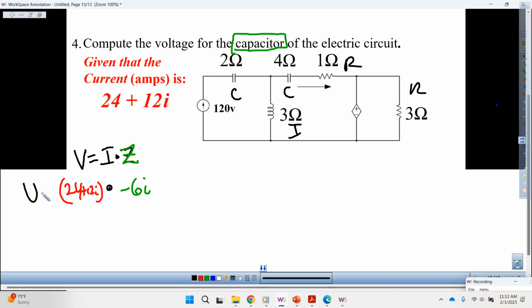And that's going to give us the voltage of the current going through the capacitor. So distribute. 6 times 24, that's 144, negative 144i. And then 12i times negative 6, that's negative 72i squared.